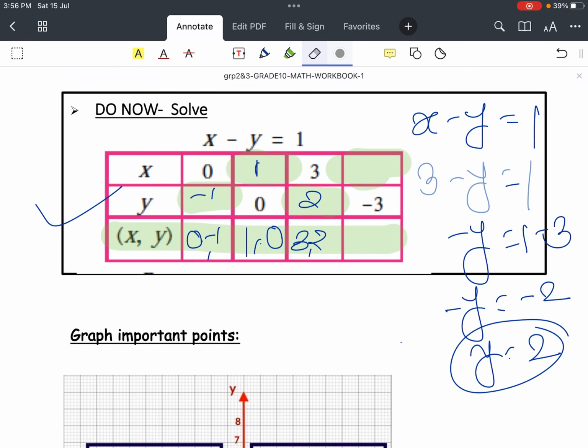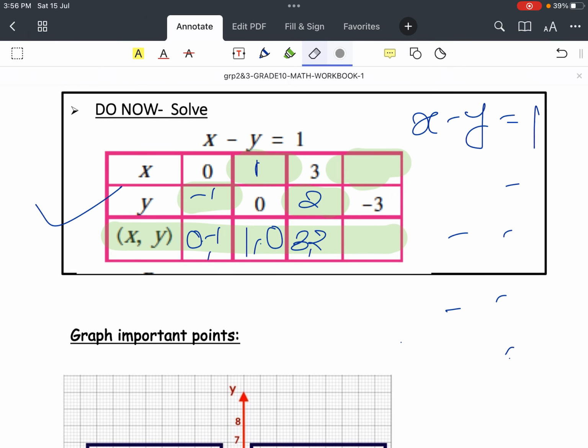So what is our last question? The last thing is that we have to calculate the value of x, but the condition is that the value of y is equal to minus 3, so therefore x minus of minus 3 is equal to 1.